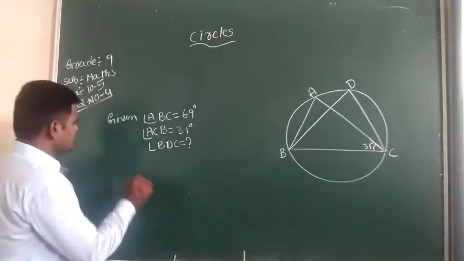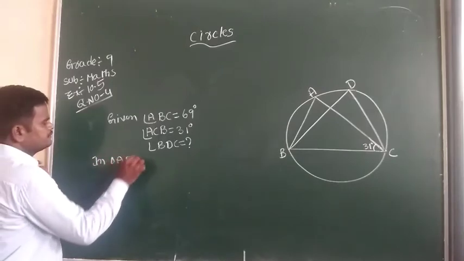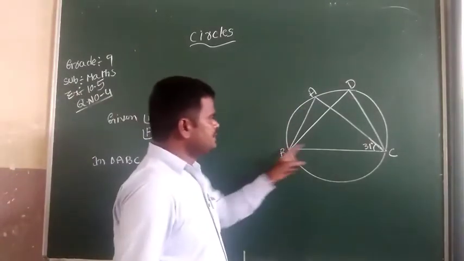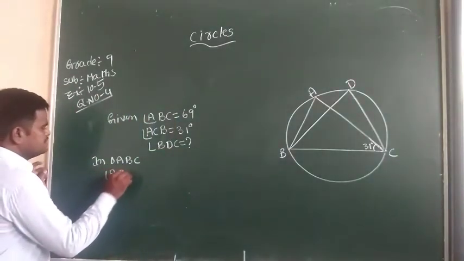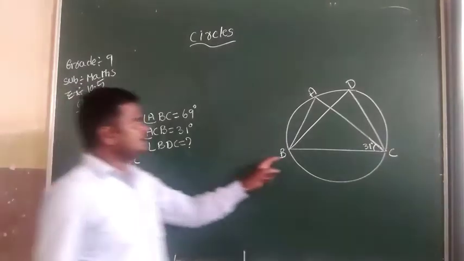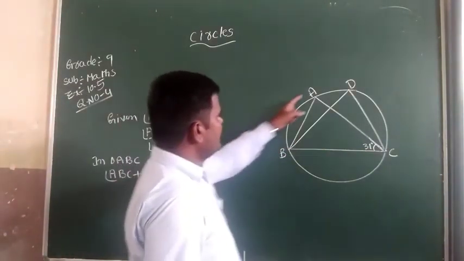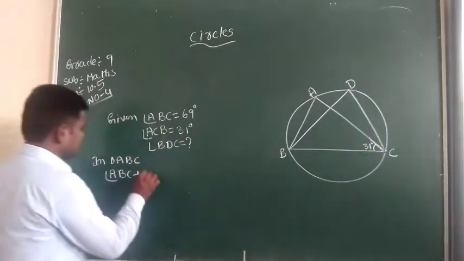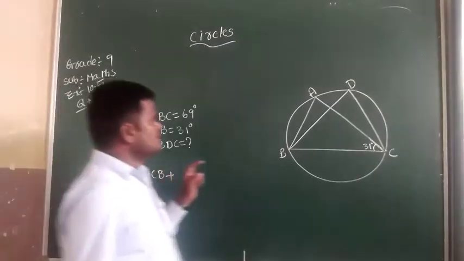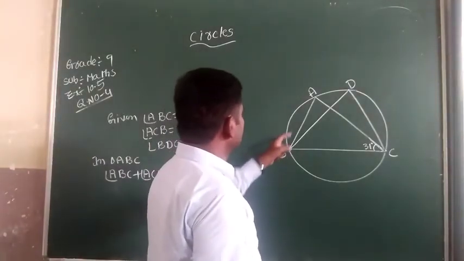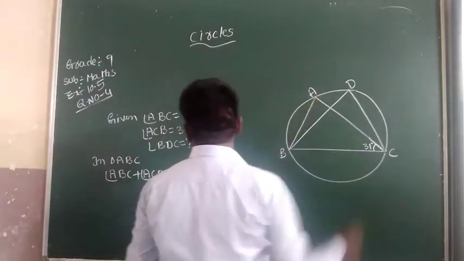In triangle ABC, angle ABC plus angle ACB plus angle BAD.